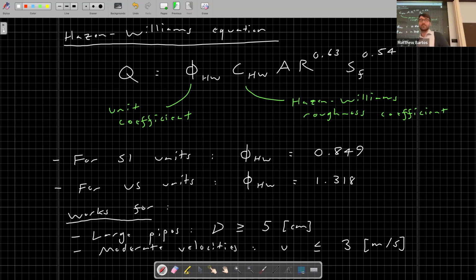Oh, yes. Is Swamee-Jain the most accurate, because we still have to do an iterative process for the Reynolds number? I would say that Swamee-Jain is probably the most accurate in terms of theory.